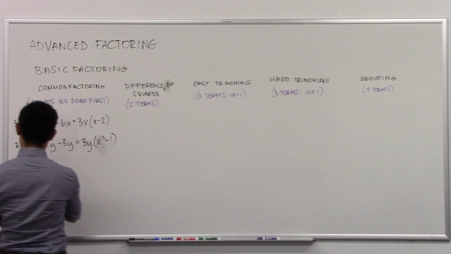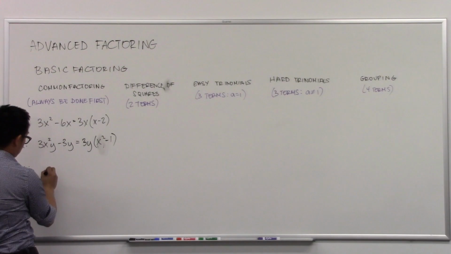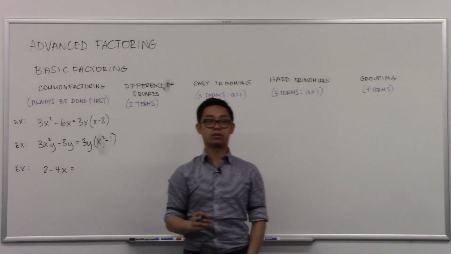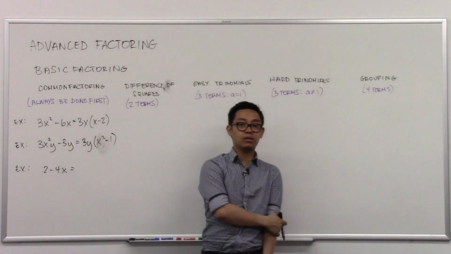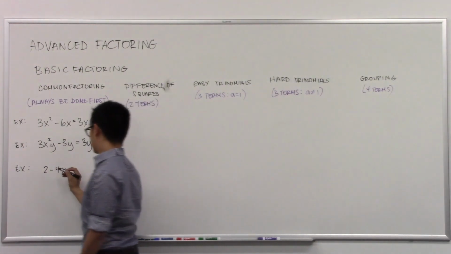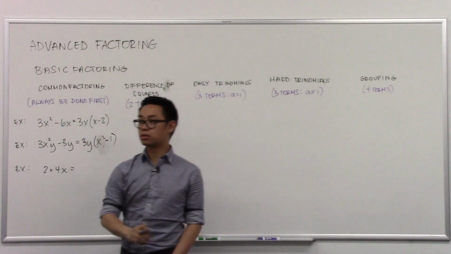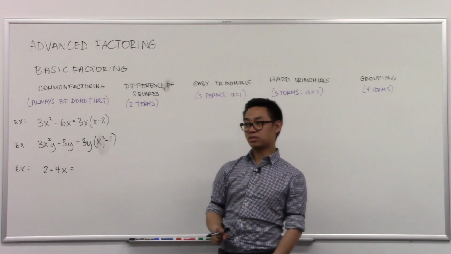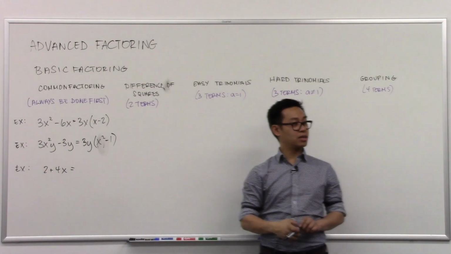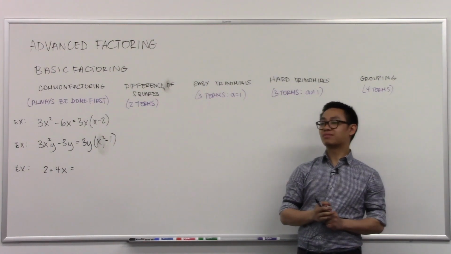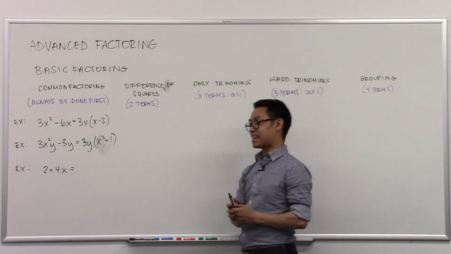This is another common mistake. What do we do here? Sorry, 2 plus 4x. Why? Descending order.